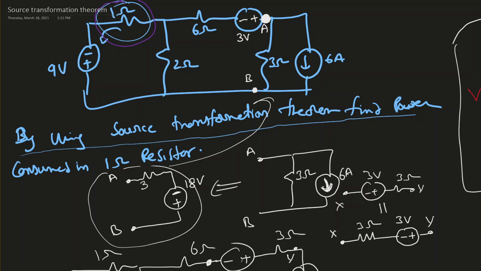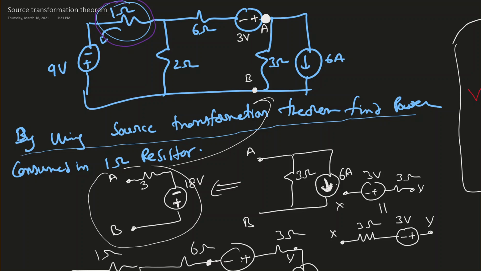I'm going to convert this into a voltage source. When I convert this into a voltage source, make sure that the arrowhead is going to be positive. So I have the arrowhead as positive, negative, and the 3 ohms is in series with the source. It doesn't matter where you connect that 3 ohms, whether to branch A or branch B. It should be the same.